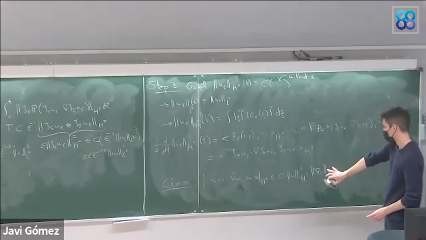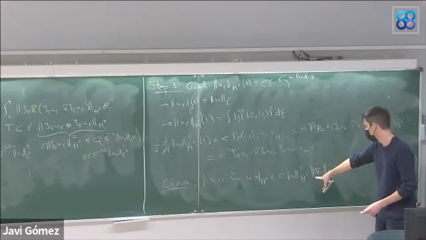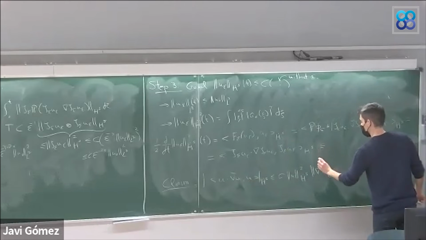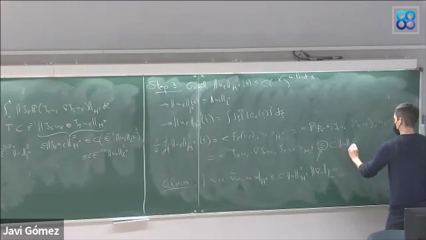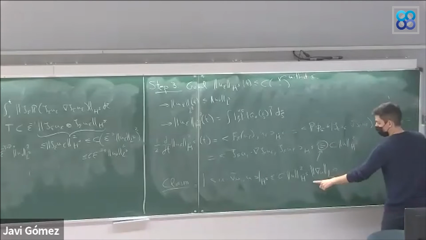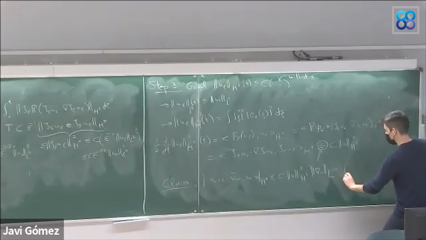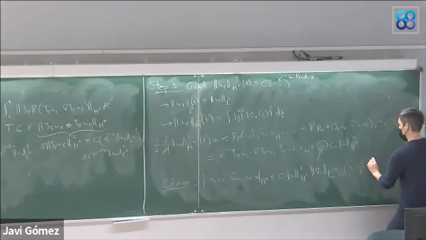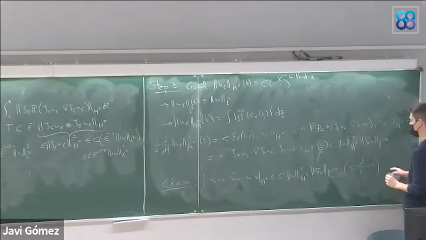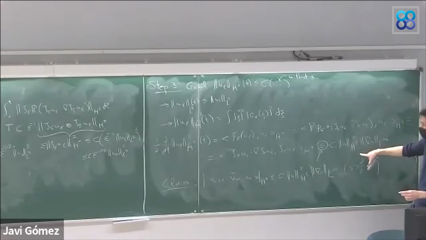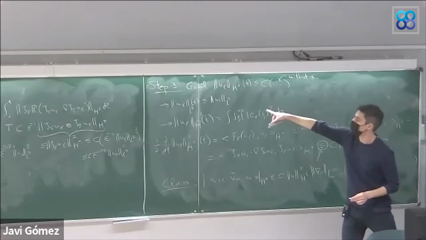So I will assume that we have the claim. Later we will prove it in some cases. And let's continue with this. If we have this claim, then this is less or equal than C times the HS norm of U squared times the gradient of U in L infinity. Well, I will just keep it here, but I will remove it in a moment. This is bounded by the HS norm. Let's join this inequality with the L2 one.